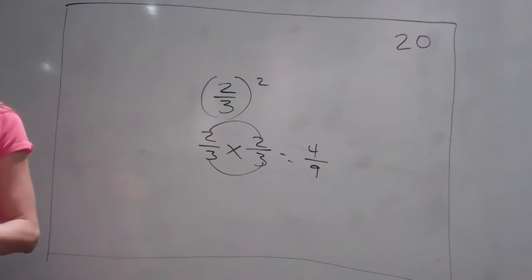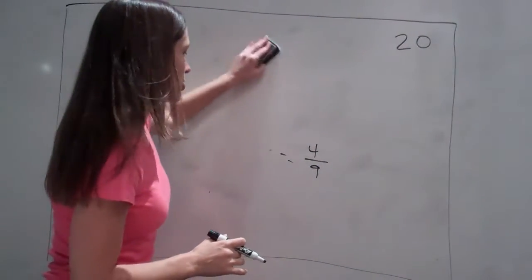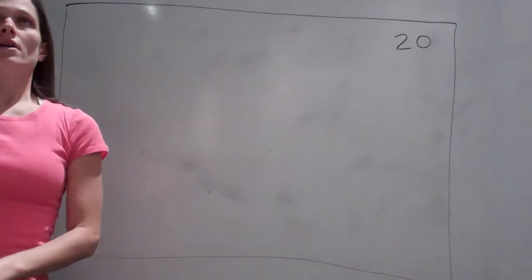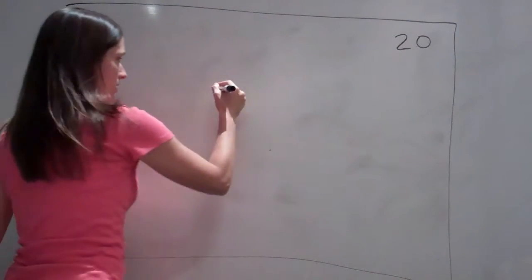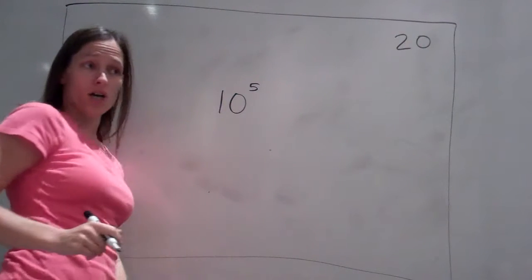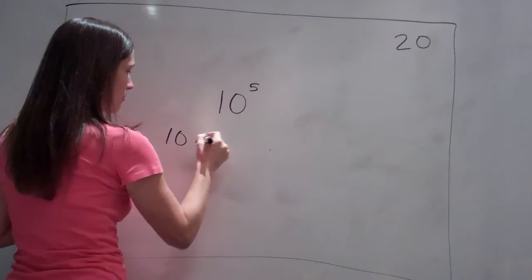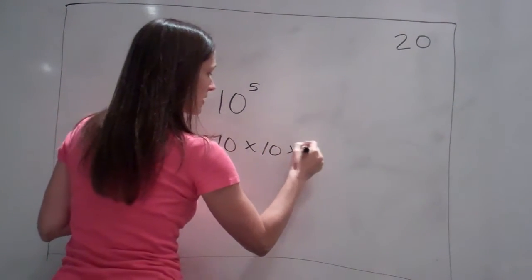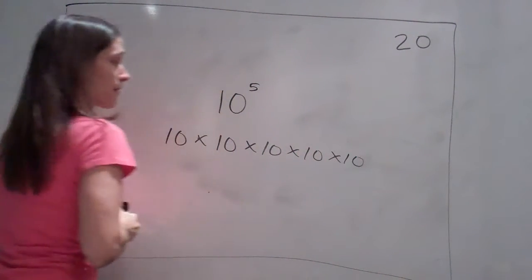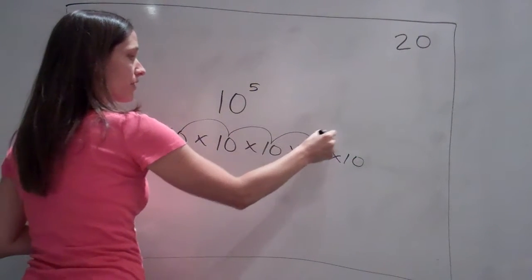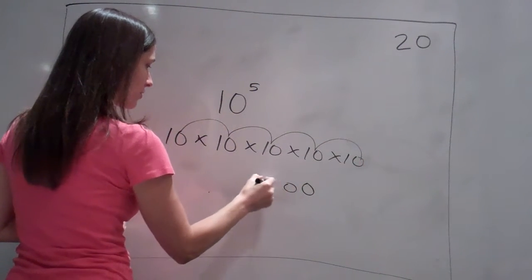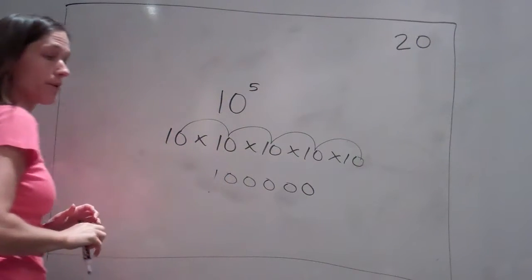All right, there's an easy way to do things like this with 10 or 100 or 1,000. Basically, what I want you to see is it would be 10 times 10 times 10 times 10 times 10. How many zeros do I have? 1, 2, 3, 4, 5 with a 1.